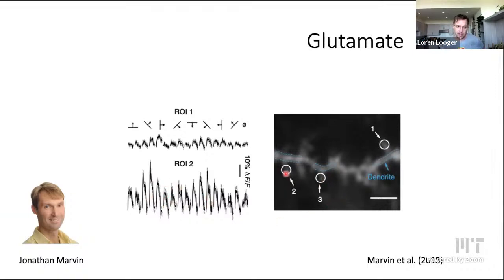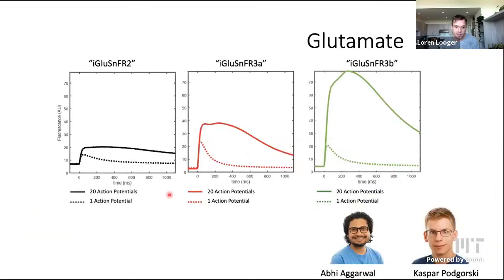This is ferret visual cortex showing moving gratings, and you can get these beautiful single spine orientation selectivity responses.